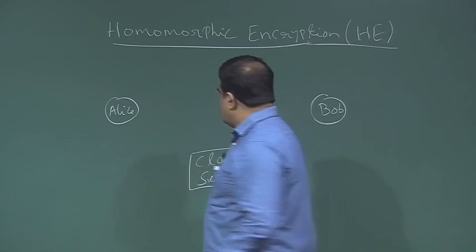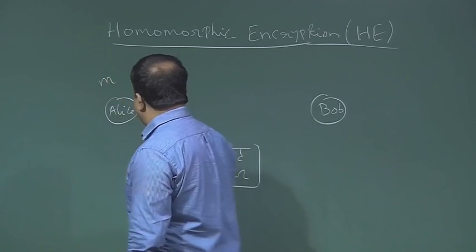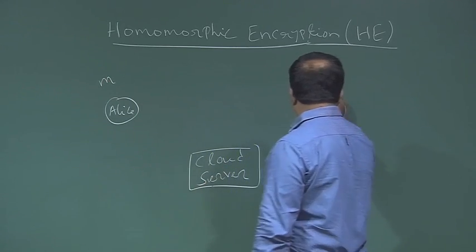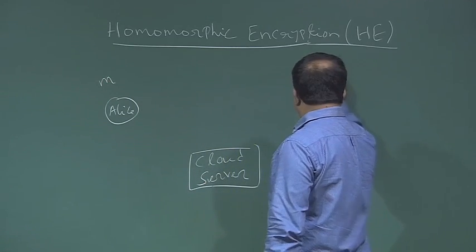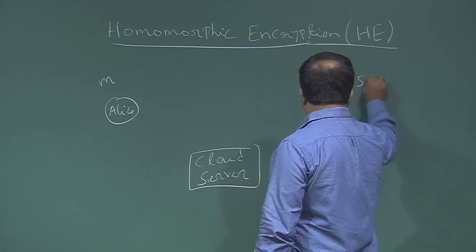Alice has a message, and Bob has his public key and private key pair, PK and SK.